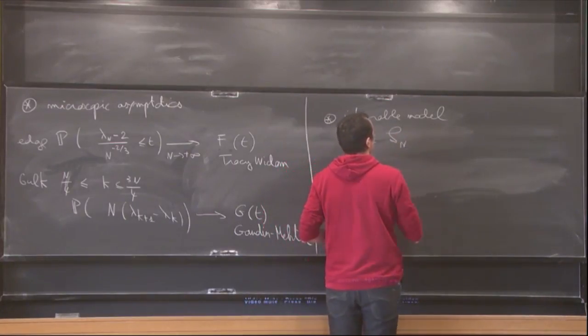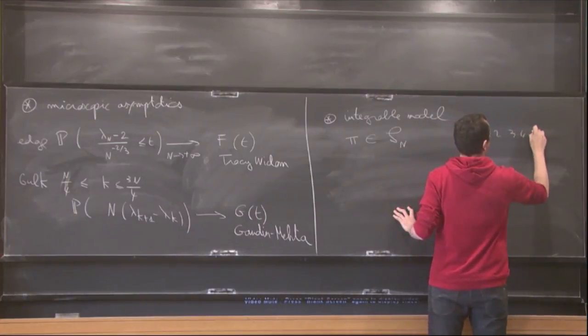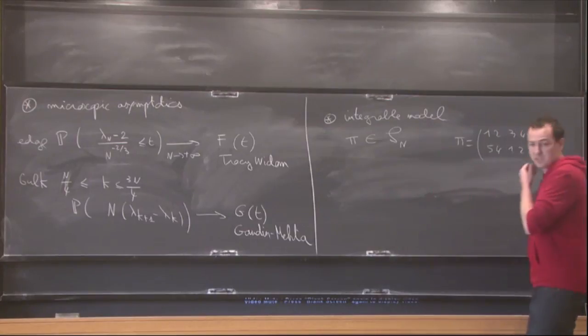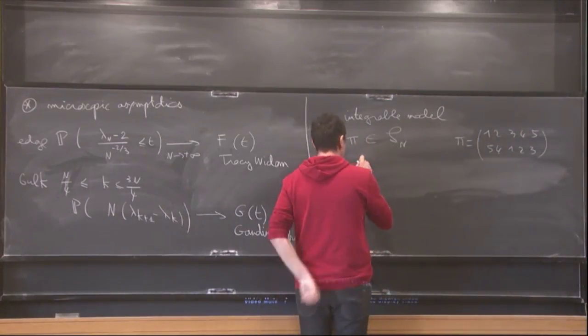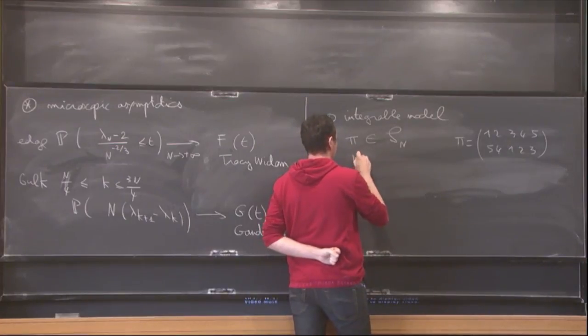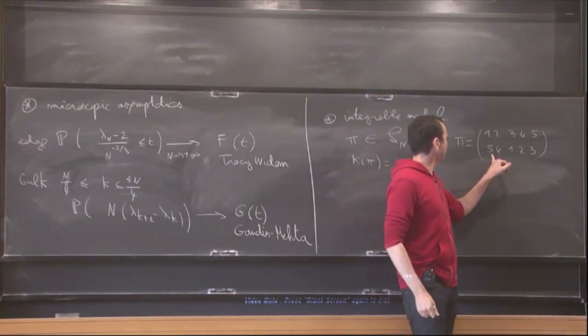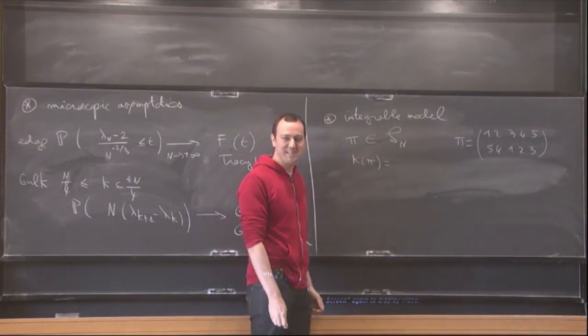So we get a permutation of n objects. Imagine you take this permutation, and you consider the greatest increasing subsequence. Let's call it k of pi. And in our case, you cannot do better than 3, and it's obtained by 1 to 3.